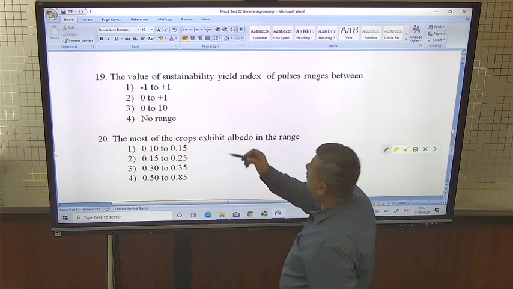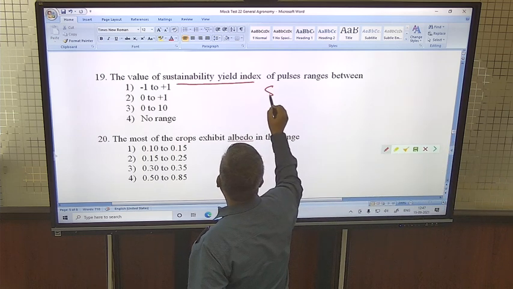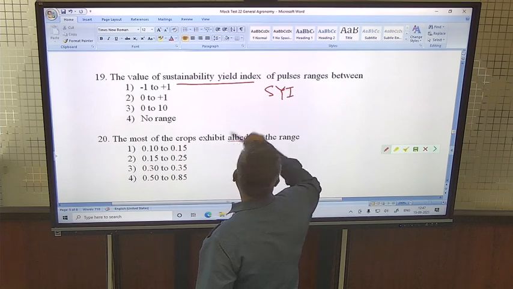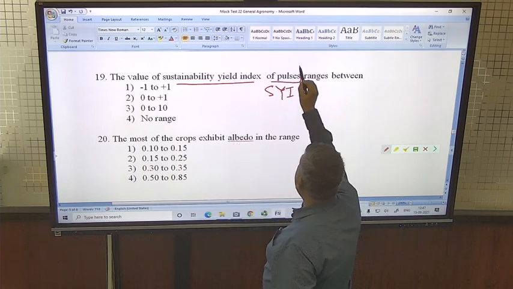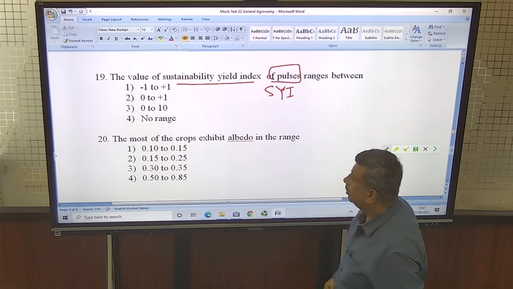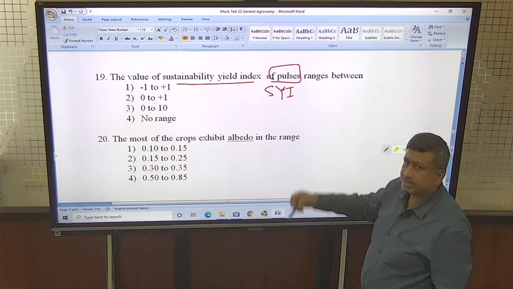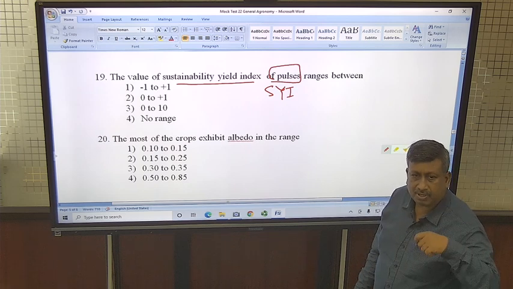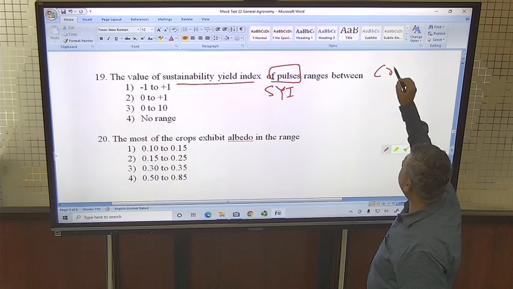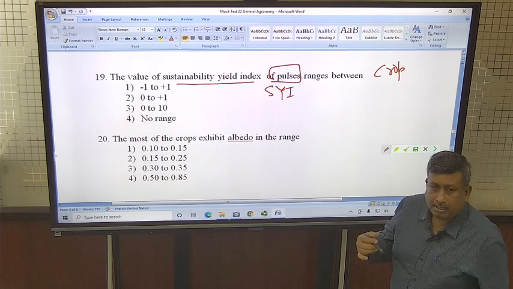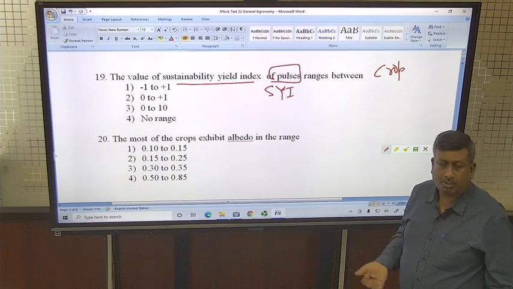The value of sustainability yield index, SYI, of pulses ranges between. So, this is the sustainability yield index of any crop. This word pulse is given just for confusion, otherwise it is used for any crop, whether it is cereal or oilseed or tuber crop or sugar crop.